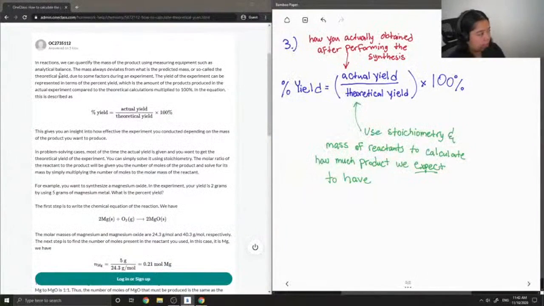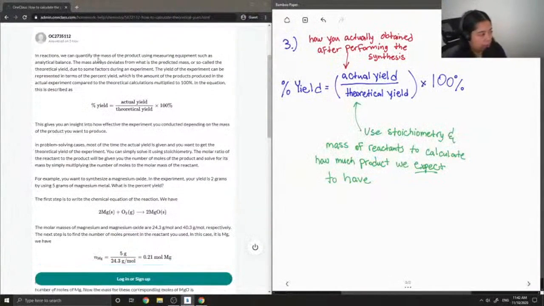In reactions, we can quantify the mass of the product using measuring equipment, such as analytical balance. The mass always deviates from what is the predicted mass, or so-called the theoretical yield, due to some factors during an experiment.